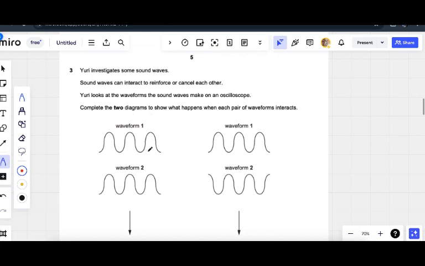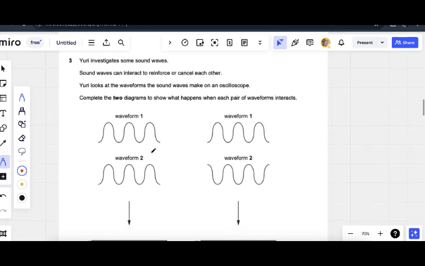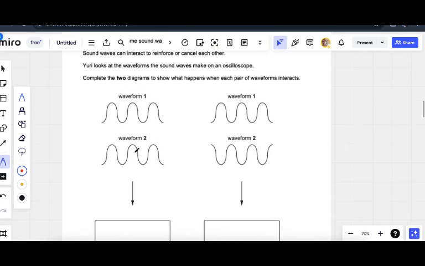Uri looks at the waveforms the sound waves make on an oscilloscope. Now complete the two diagrams to show what happens when each pair of waveforms interact. Waveform 1 and waveform 2 here are on the same side, here and here the same.